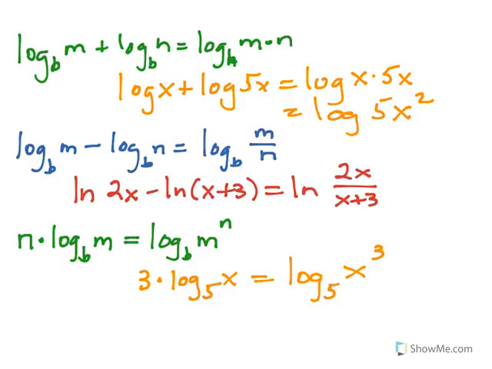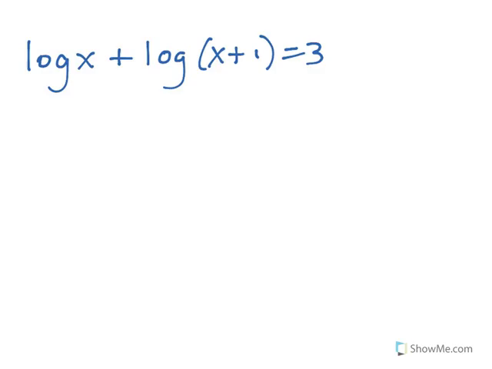These properties sometimes get used to expand logarithmic expressions, but we're going to use them to condense expressions, like I did in the examples. We are going to take expressions with multiple log pieces and squish them into single logs. If we can squish them, then we can switch them, and we can solve. Ready for an example? How about log of x plus log of the group x plus 1 equals 3?